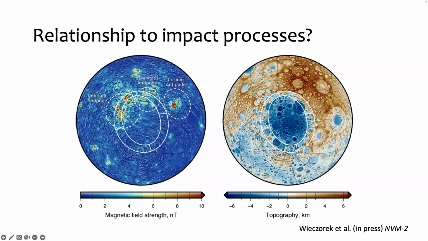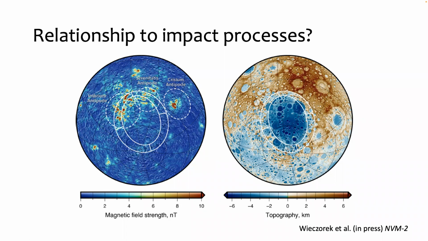Near that, in the northwest rim of South Pole Aitken, there are a bunch of very strong anomalies, but these locations of strong anomalies also coincide with the antipodes of other impact basins that were on the near side. For example, the dotted lines on the left are the antipode of Imbrium Basin, in the middle the antipode of Serenitatis Basin, and on the right the antipode of Crisium, which is another large crater on the moon.